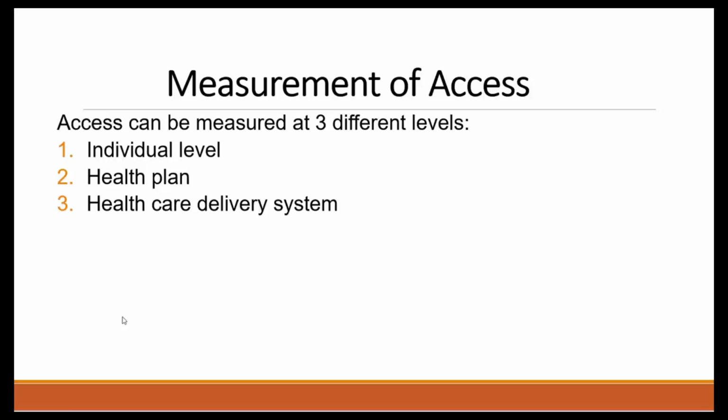And then you have indicators of access at the level of the healthcare delivery system, which comprise ecological measures that affect populations rather than individuals. So at this level, system indicators help study access in an environmental context. So how context affects the access of persons and groups.